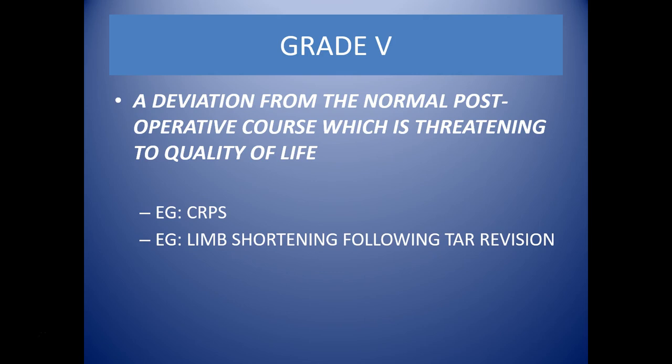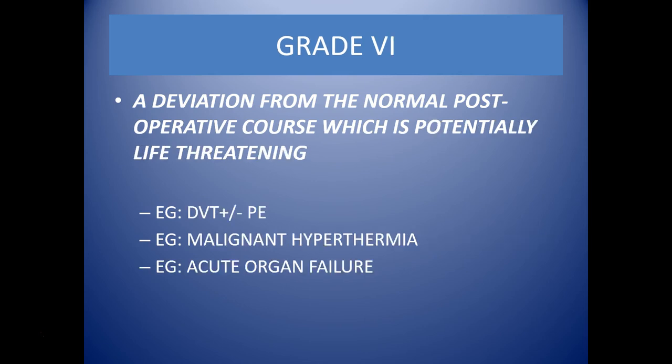Grade 5 complications are complications that are threatening to the quality of life. For example, complex regional pain syndrome, or significant loss of limb length following the need to extirpate a total ankle replacement and eventually undergo a revision. Grade 6 complications would be complications which are life-threatening, such as DVT with a pulmonary embolism or a malignant hyperthermia or acute organ failure.